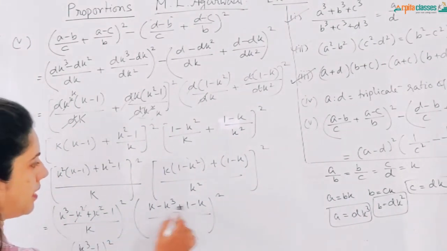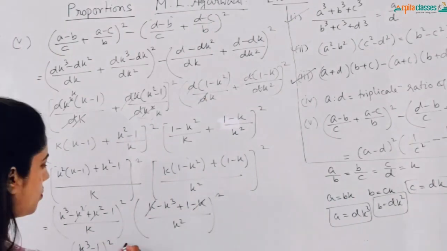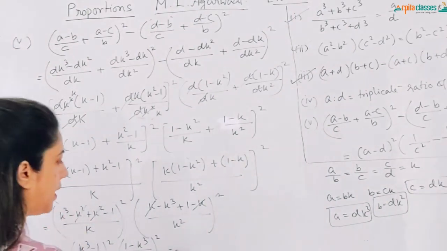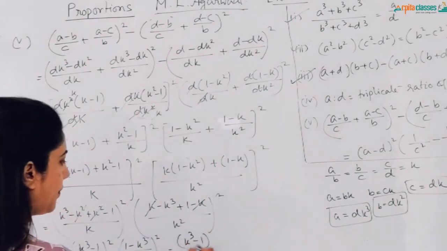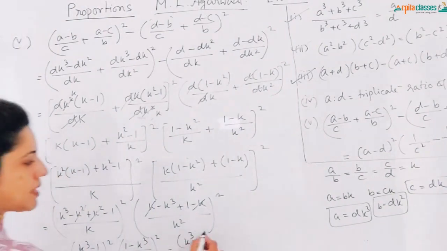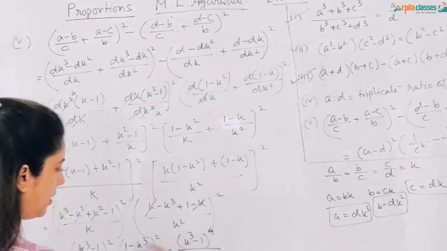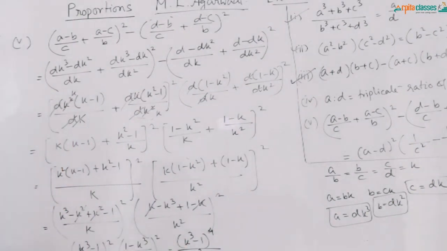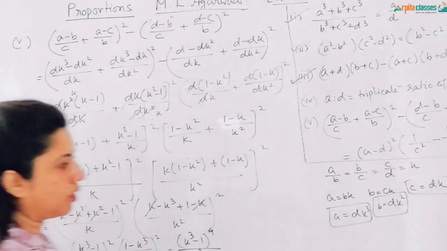And here minus k plus k is getting cancelled. So 1 minus k cube upon k square, the whole square. So if you see, this is k cube minus 1, this is 1 minus k cube. Both of them are having square. So we can reverse it and we can write k cube minus 1. The bases are same, powers can be added to the power 4. And this is k cube. So we get k cube minus 1 to the power 4 upon k cube from the left hand side.